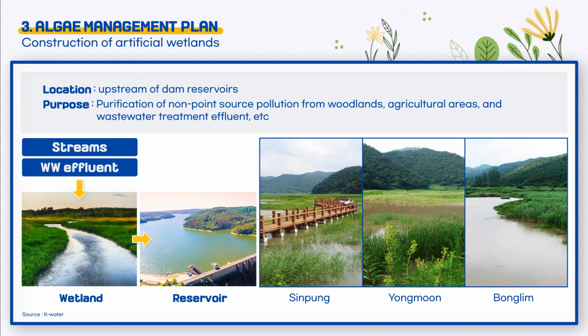Lastly, artificial wetlands are being constructed in the upstream of reservoirs as a nature-based solution, NBS, to treat non-point sources and wastewater treatment effluent coming from mountainous areas and agricultural areas. These wetlands act as a natural filtration system for the inflow of non-point sources, thereby reducing the inflow of contaminants to dam reservoirs.